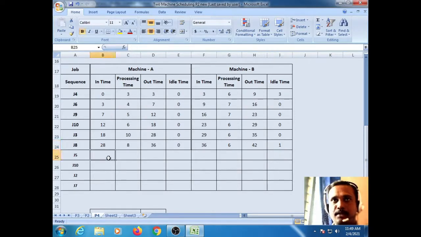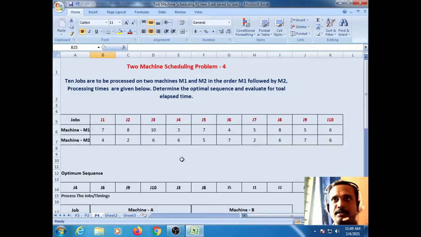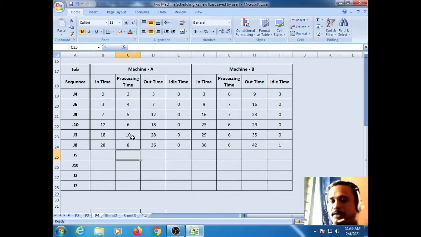Next, job 5. Job 5 has processing times 7 and 5, so here we take 7 and here we take 5. This out time will become the in time here. Which one do we take? 42 is there and 43 is there, so which one is max? 43.